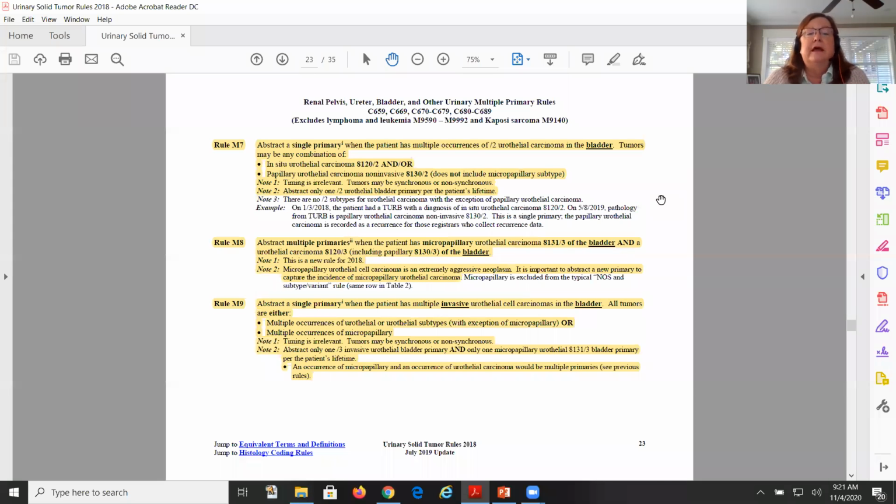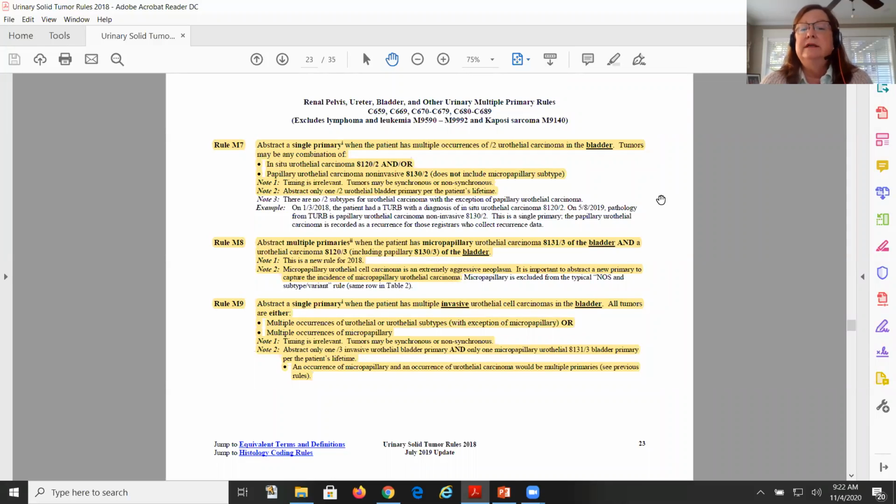M7, abstract a single primary when the patient has multiple occurrences of /2, that's in situ or non-invasive, urothelial carcinoma in the bladder. Tumors may be any combination of 8120/2 or 8130/2.